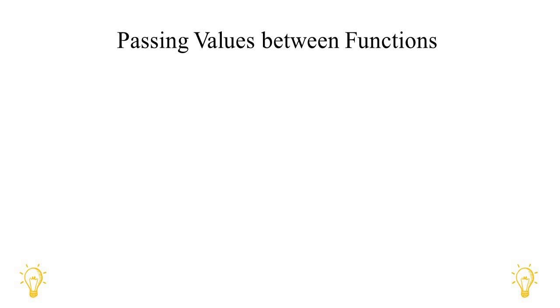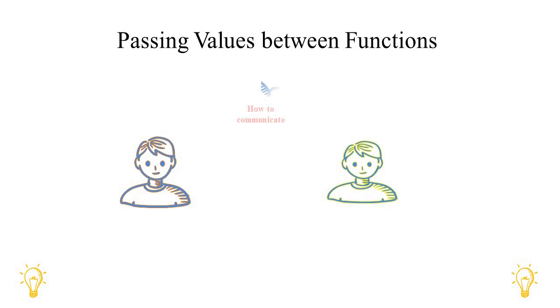For example, if I am calling a particular function, then values pass from the main function to that called function. So let's suppose there are two persons, and they want to communicate. How can they communicate? If, for example, I am talking here, I can use the internet as a medium.